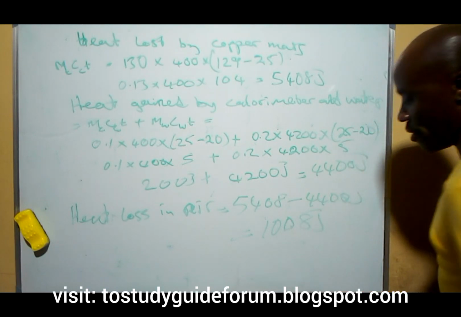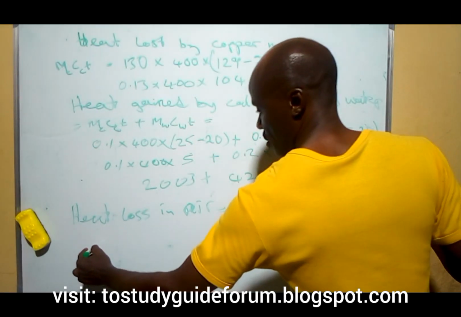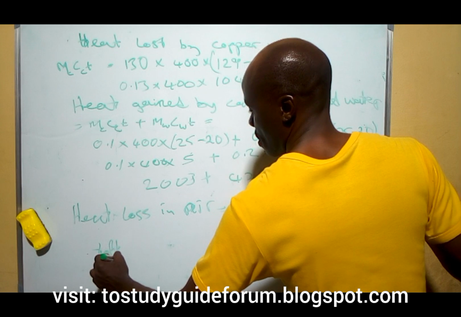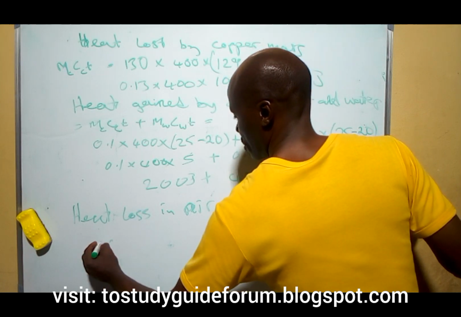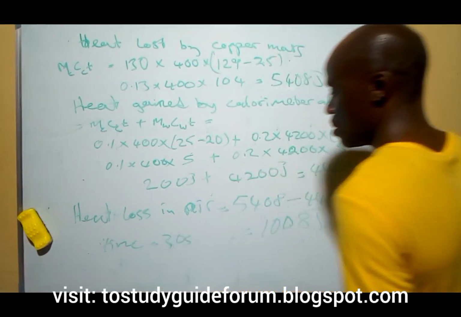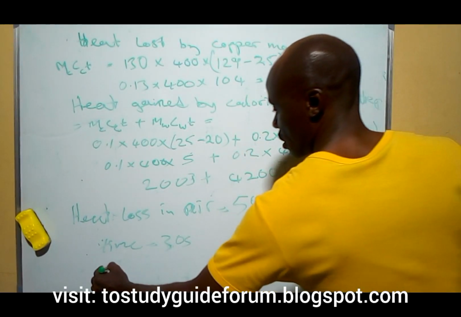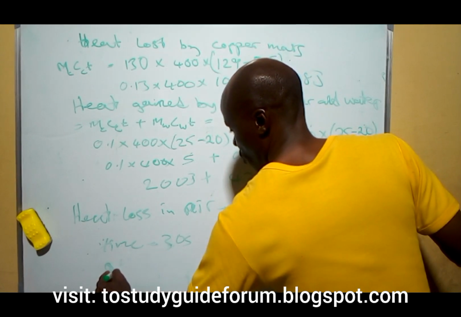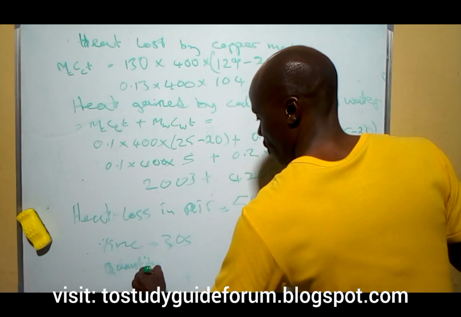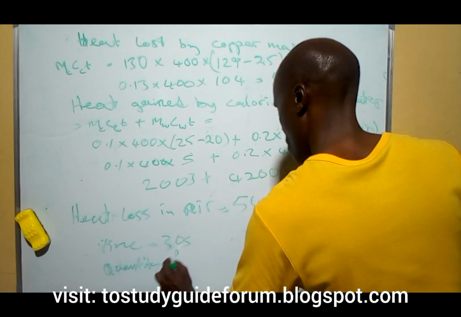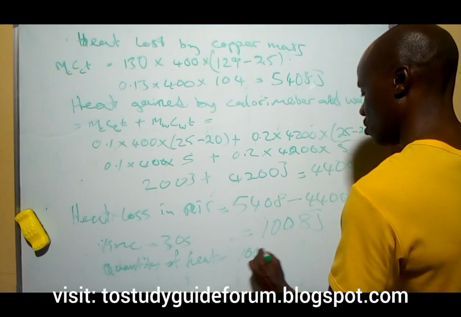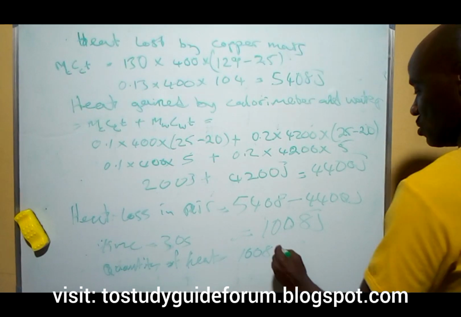Half a minute is 30 seconds, that is the time. Let's say time is equal to 30 seconds, and the heat loss in air, that is the quantity of heat, is equal to 1008 joules.